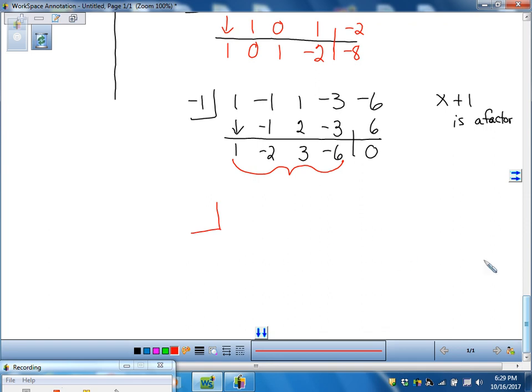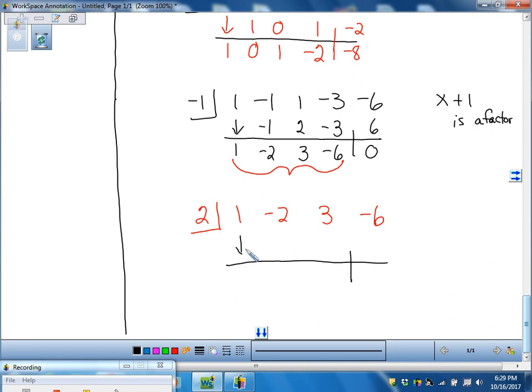We've already used 1 and negative 1, so now we can move up to 2 and negative 2. So I'm going to use the new coefficients, 1, negative 2, 3, and negative 6. So I'm going to try positive 2. Positive 2 doesn't work, then I try negative 2. Negative 2 doesn't work, then I move on to 3 and negative 3 and keep working it until I find my factors.